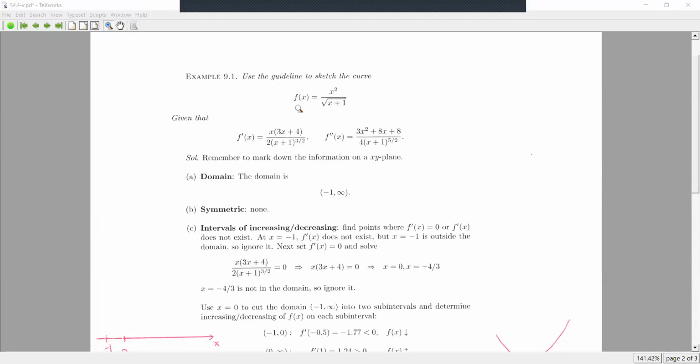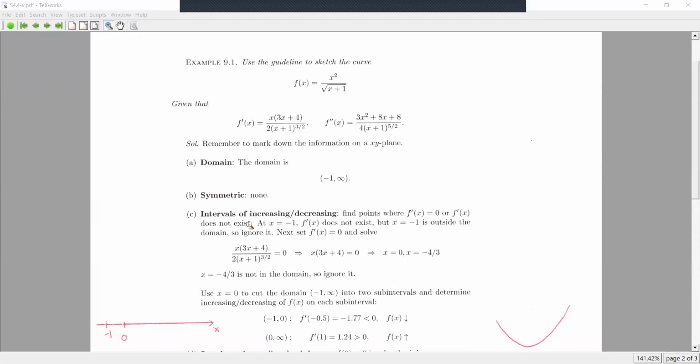Because the domain of this function is not symmetric about 0, the function must be not an even function and not an odd function. So with low symmetry, there is nothing to exploit about this function.